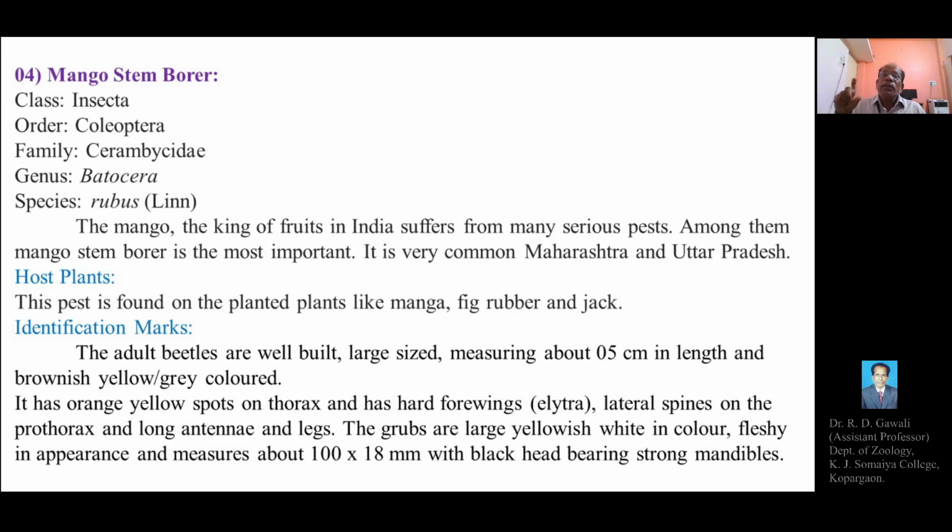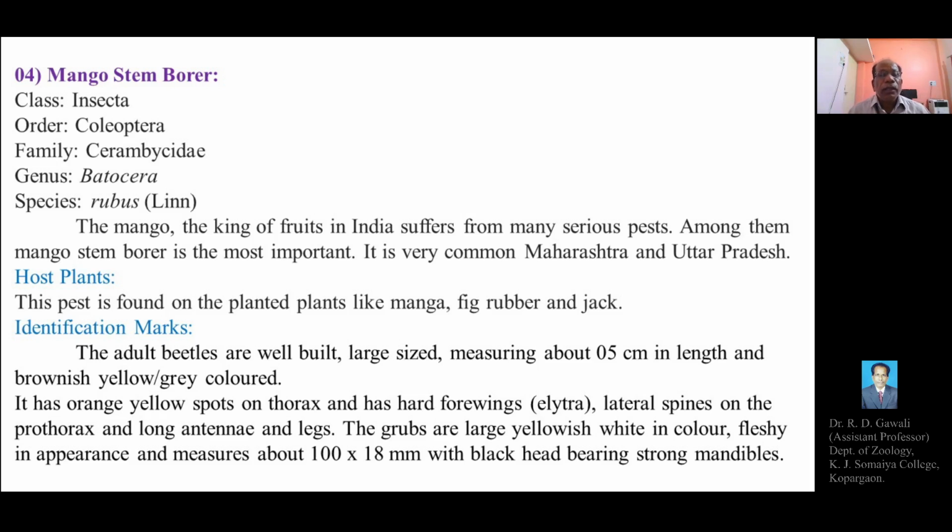So these are the distinguishing features or the morphological characters of the mango stem borer. That is, it has lateral spines on the prothorax, and the antennae are very long, up to the length of the body. So there is a pair of antennae which are very long, like the antennae of the cockroach, having a length up to the body length.